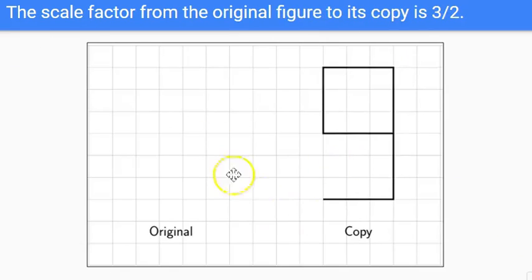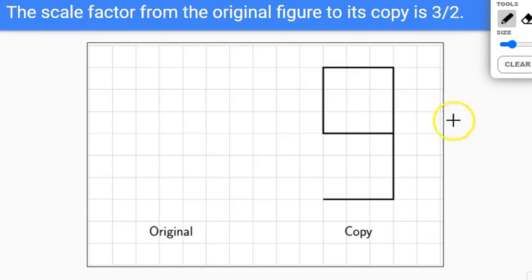Trickier one. So scale factor from the original to the copy is 3/2. So how do we go backwards? Well, to go from the original to the copy, we had to multiply by 3/2.